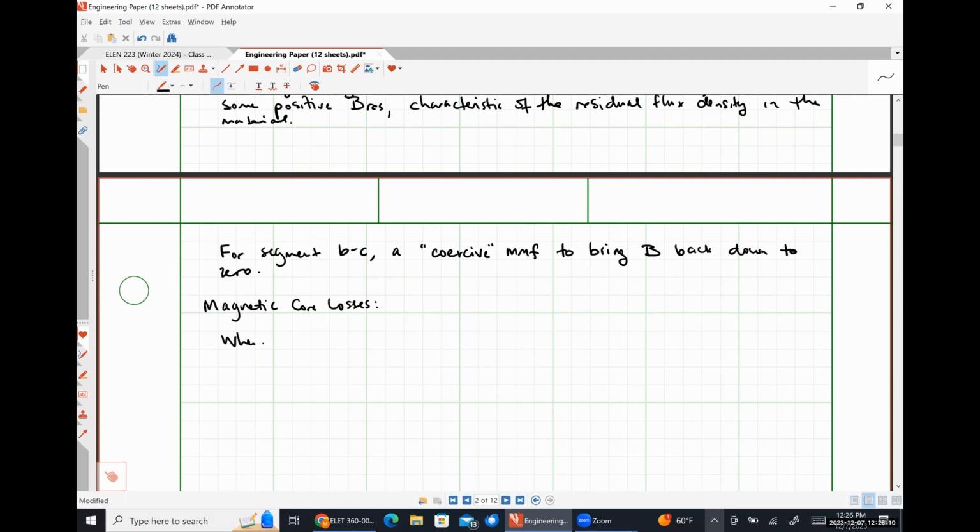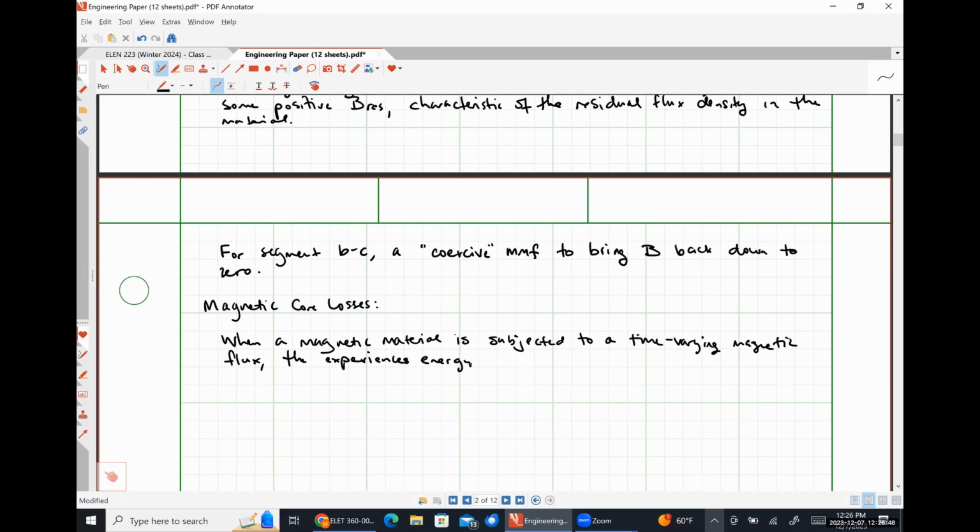So when a magnetic material is subjected to a time varying flux, magnetic flux specifically, the material experiences energy losses, which we typically call core losses.